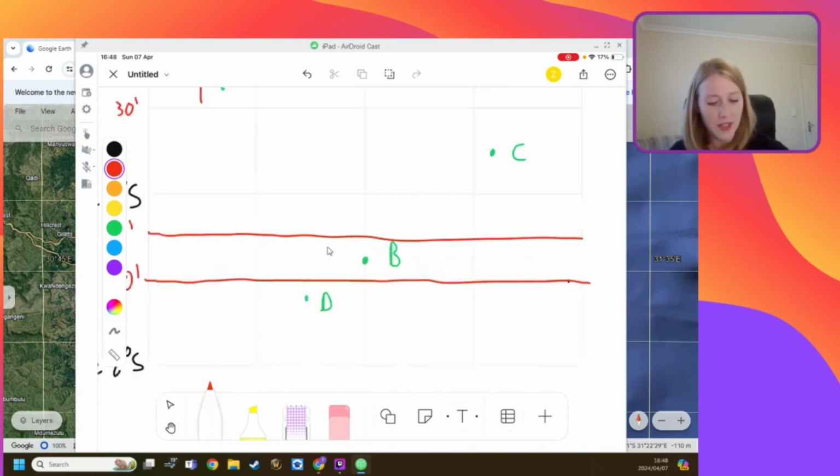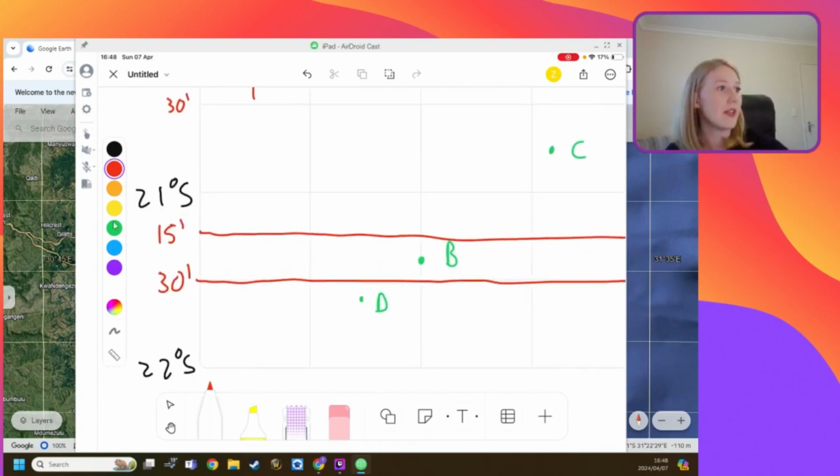And point B is somewhere between them. Somewhere between the 15 and the 30. Shall we call that low 20s? Maybe 22, more or less? You can't guess perfectly.